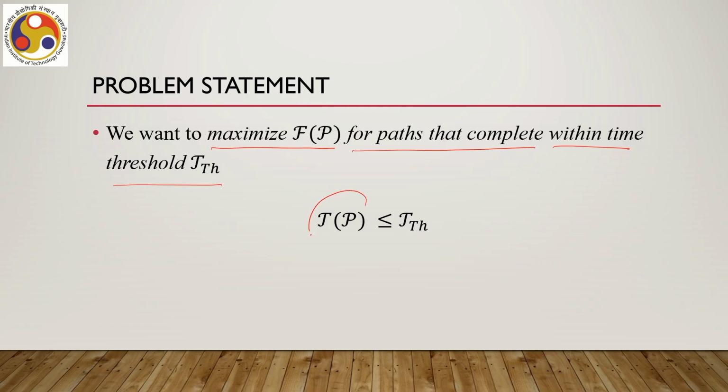In other words, we want to identify a path which takes time less than or equal to the threshold time, but in which we are maximizing the total importance.